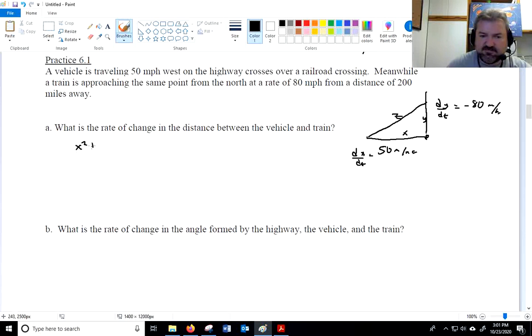So x squared plus y squared equals z squared. So that's 2x dx/dt plus 2y dy/dt equals 2z dz/dt. All right, we'll just divide everything by 2. And we'll replace everything we need to know.